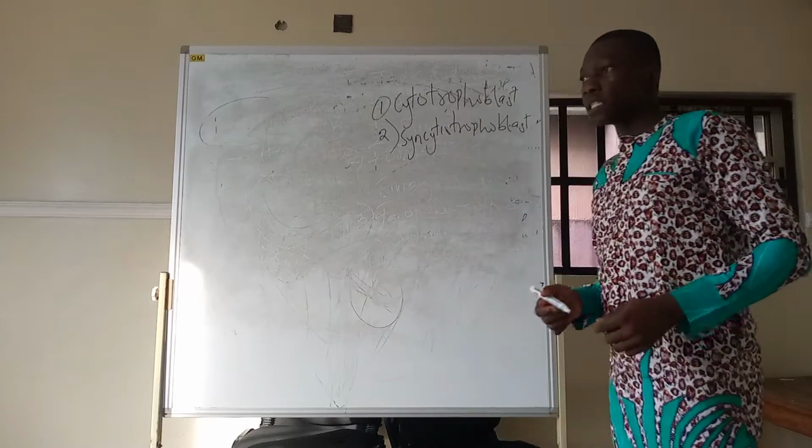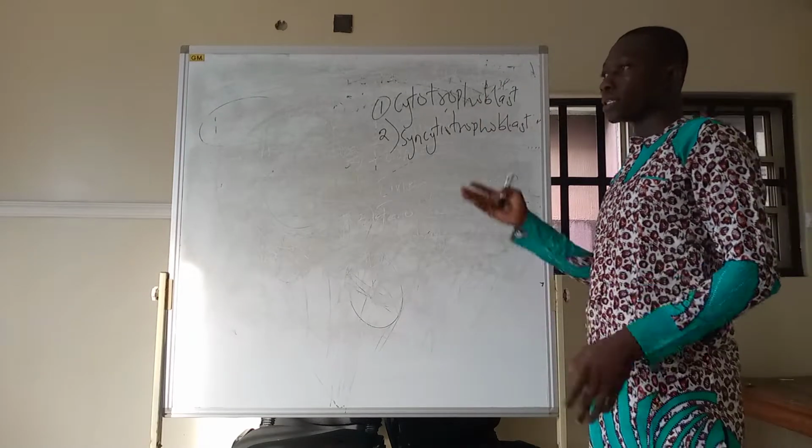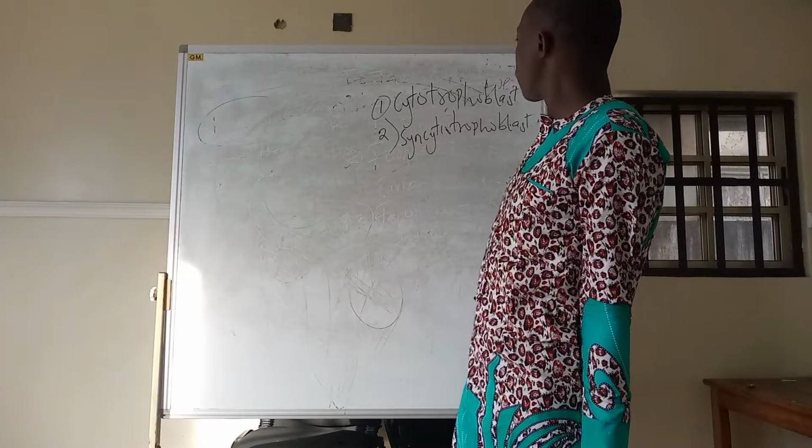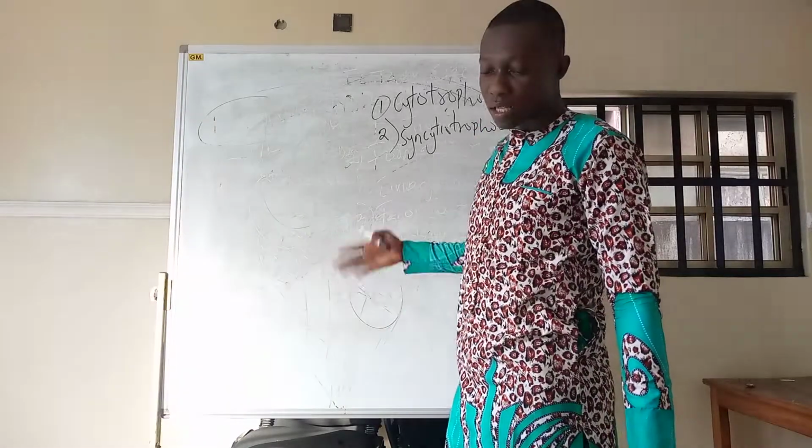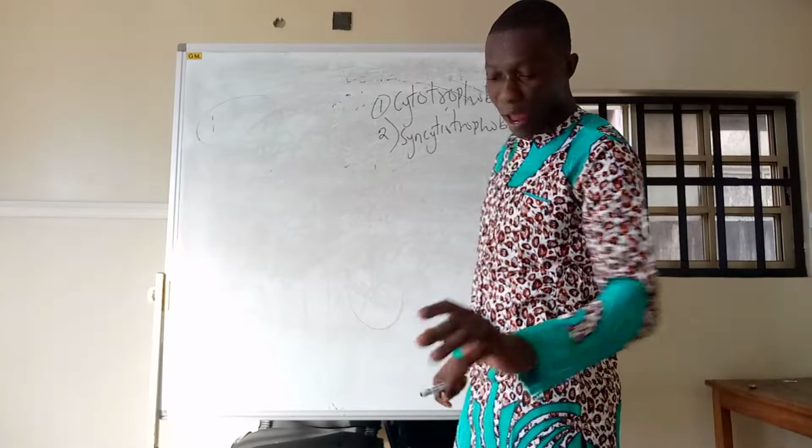The way I'm writing it, that's the way it appears. The cytotrophoblast is the inner part, while the syncytiotrophoblast is the outer part. So those are the 2 distinct parts of the trophoblast.